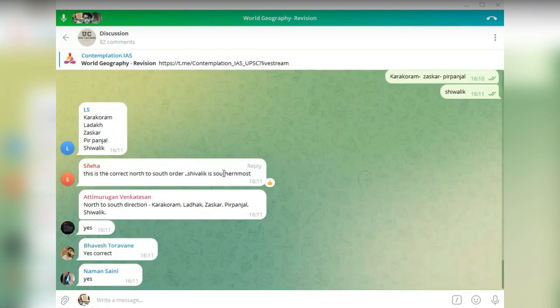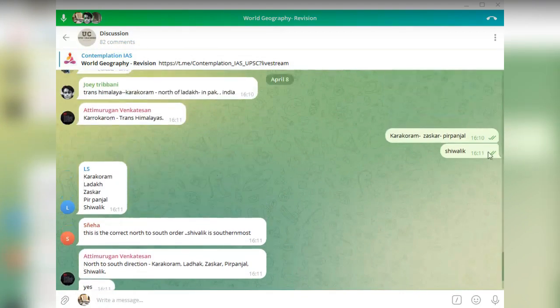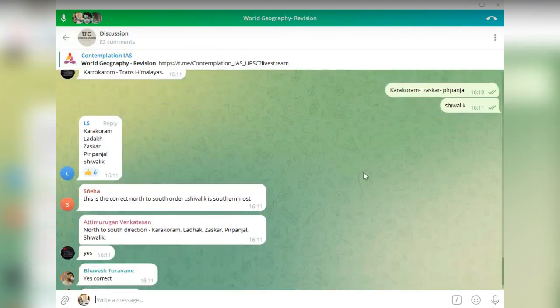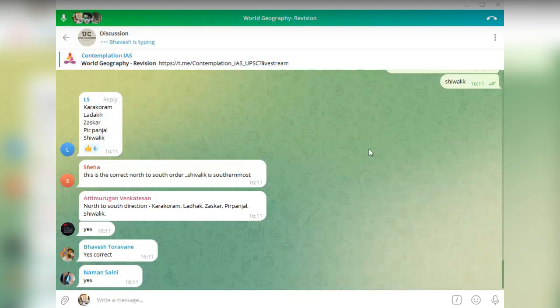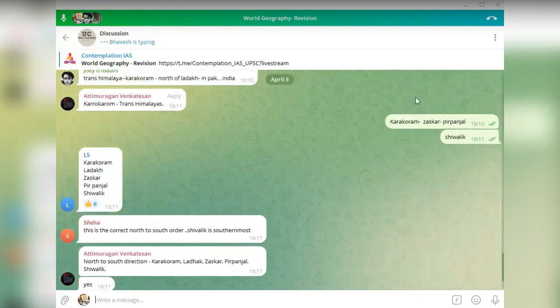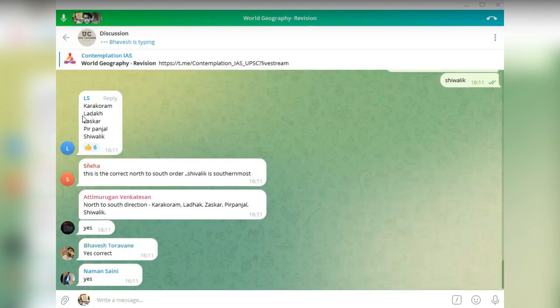And if I ask you to just adjust the Dholagiri as well. Okay, Dholadhar range as well. Can anyone adjust it in this pattern or the LS answer? Anyone can adjust the Dholagiri range here?